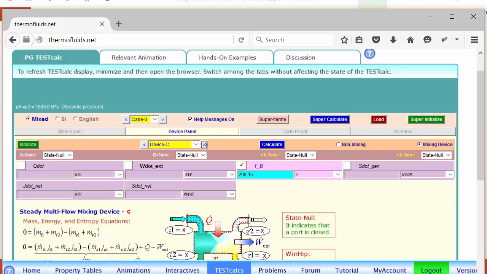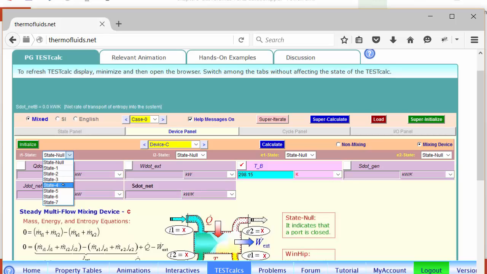So let's say device C. Recall that device A was the compressor, device B was the turbine. So let's do device C, between 6 and 4, the combustion chamber.